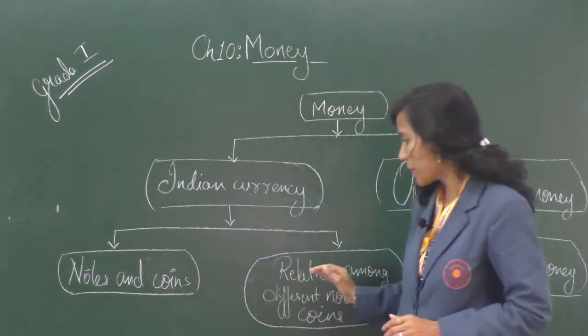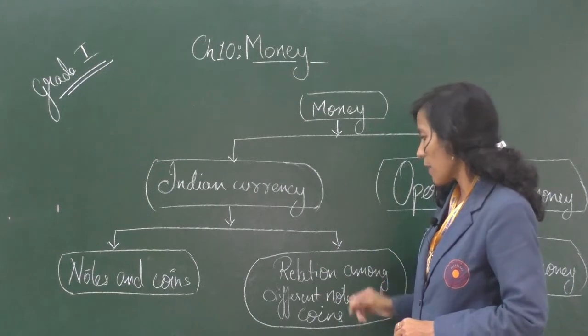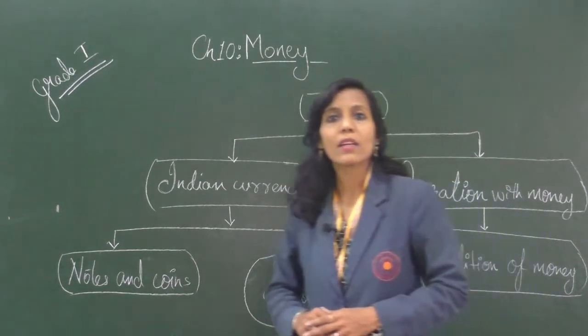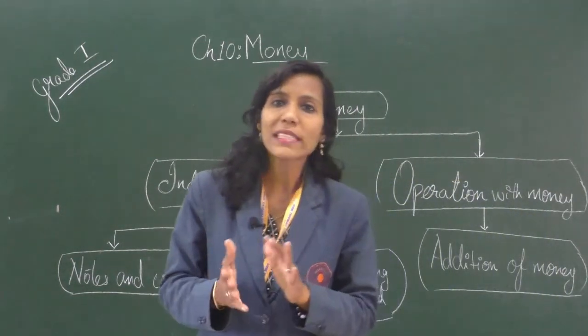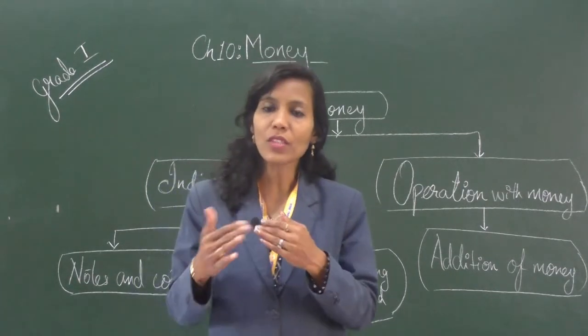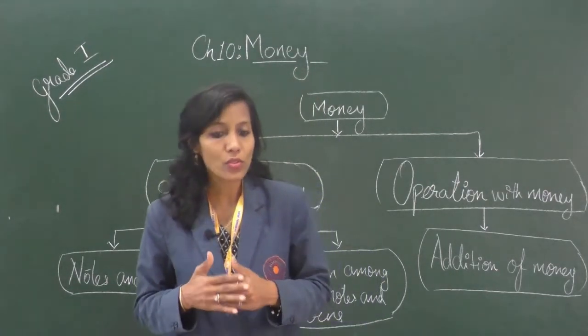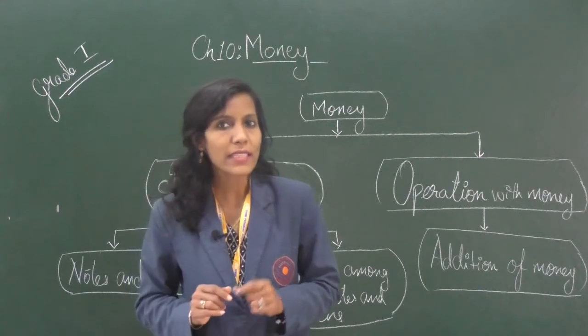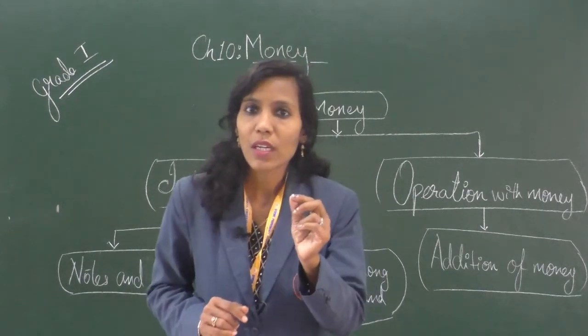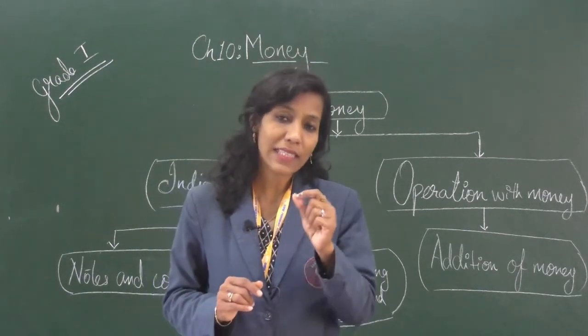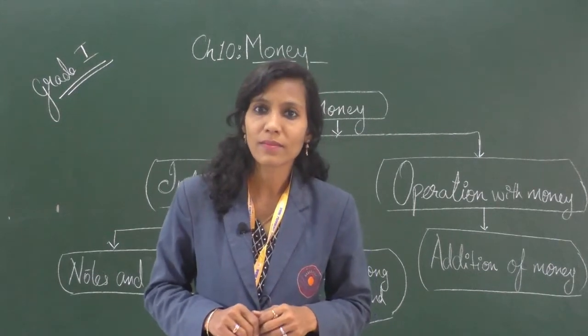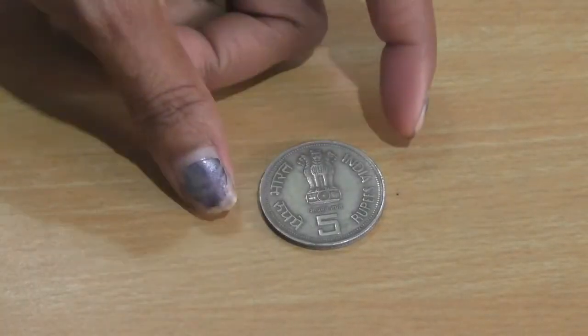So we'll now be doing relation among different notes and coins. What is the relation between different coins and the notes which we have? Before that, I'll just show you a small thing that is in a coin. Now let's see a small detail about a coin.